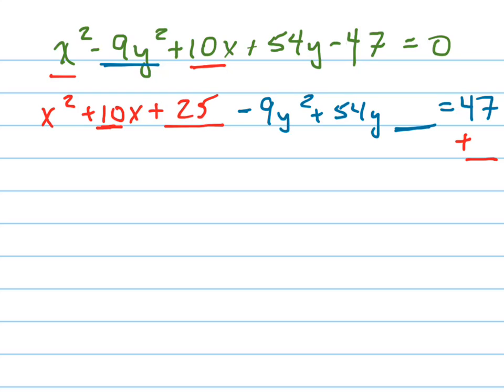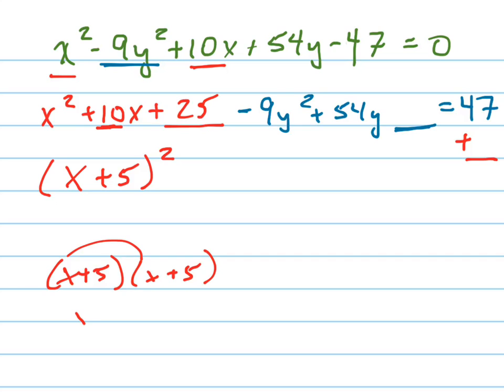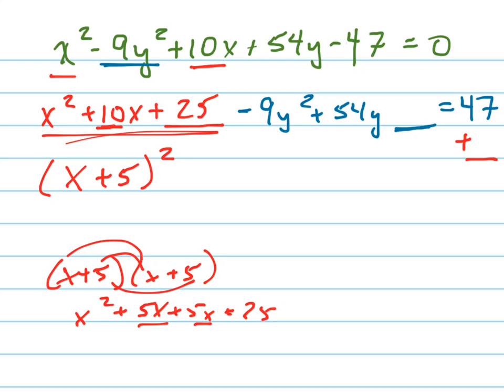So it's 25. And I do that because now when I factor this, it's going to be x plus 5 quantity squared, because x plus 5 times x plus 5 equals x squared plus 5x plus 5x plus 25, and 5x and 5x is 10x, and that's how I got that.